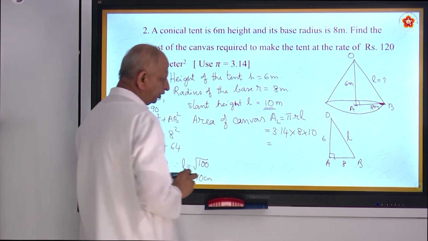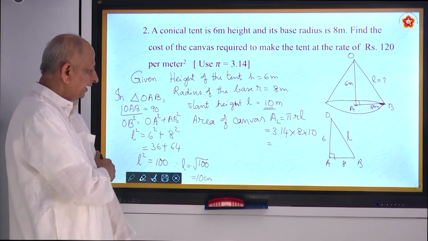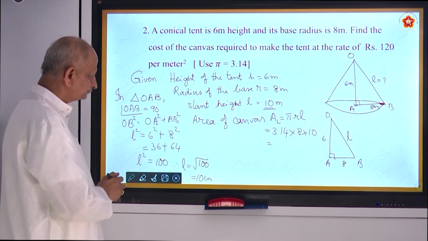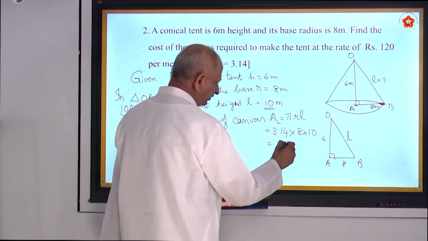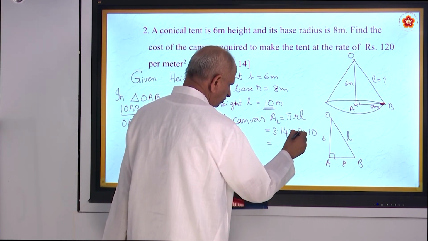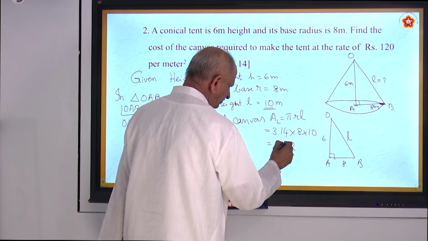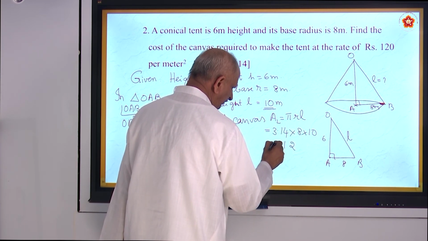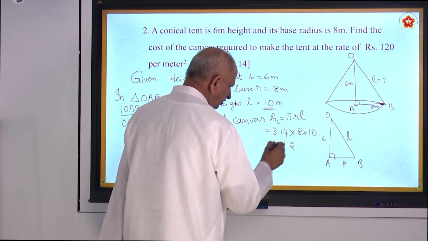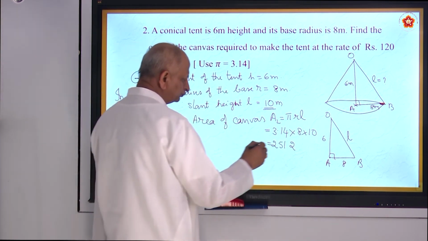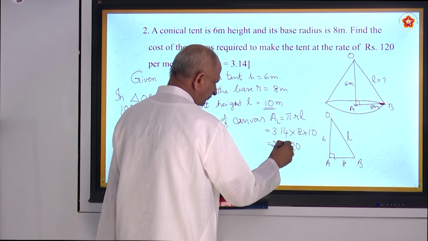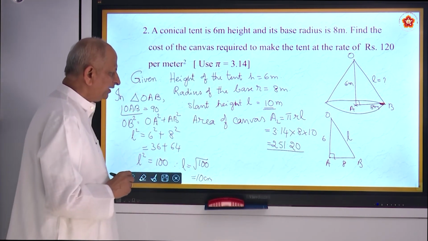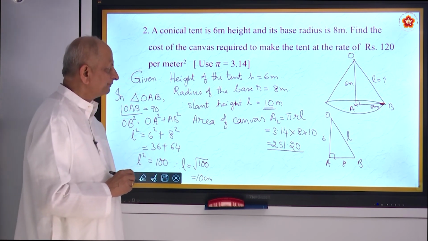That will be equal to 80 into 3.14. 8 4s are 32. 8 1s are 8 plus 3, 11. 8 3s are 24 plus 1, 25. 251.20.